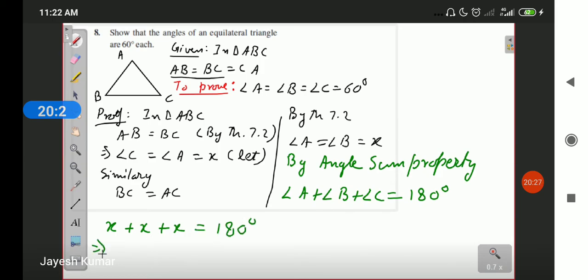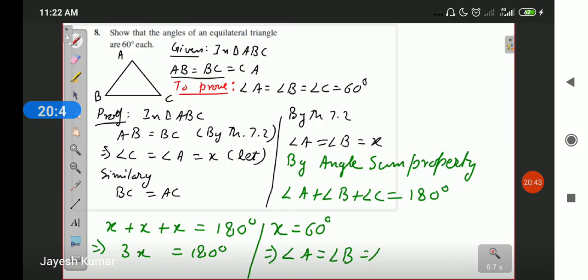That means 3x is equal to 180 degrees, and you can simplify it to get the value of x as 60 degrees. Okay, that means angle A, which was equal to angle B, which was equal to angle C, which were all equal to x, are all equal and are of value 60 degrees.